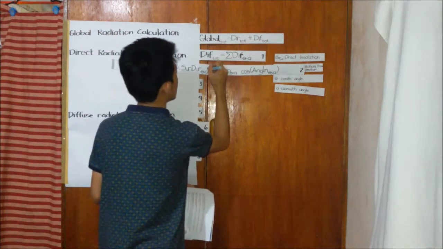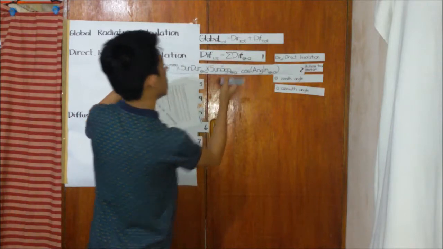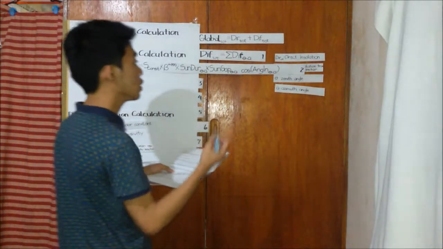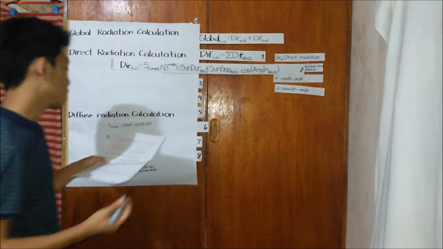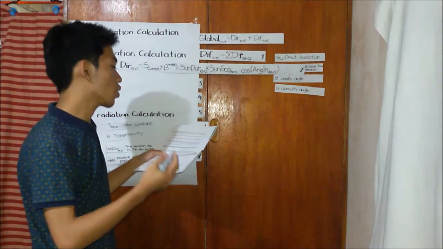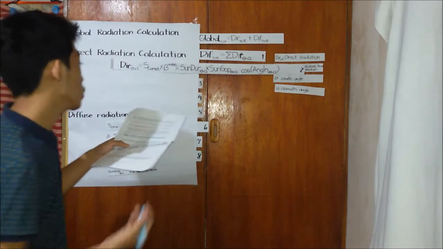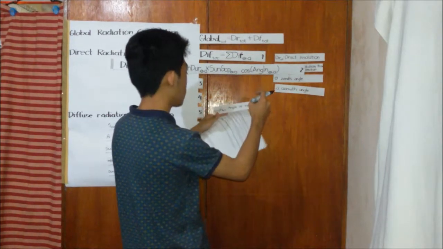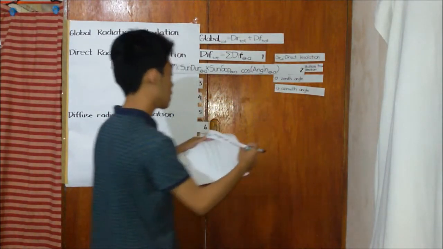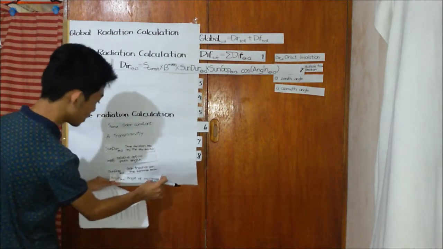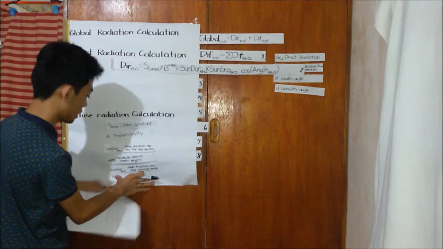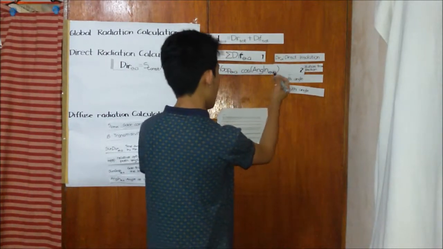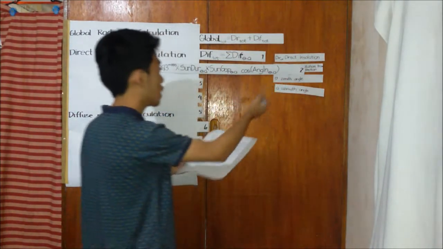Lastly, multiply by the cosine of the angle of incidence, which is the angle between the centroid of the sky sector and the axis normal to the surface.